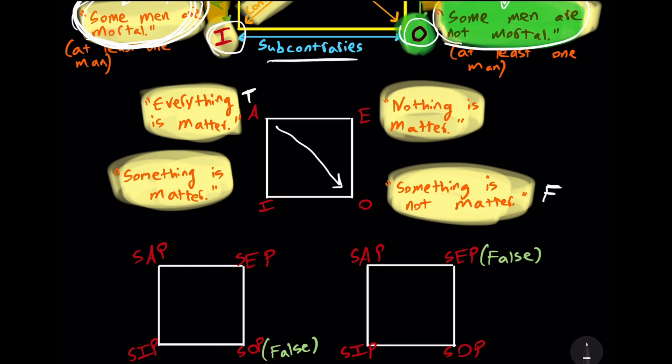That's a contradictory relationship, and that seems pretty obvious. But it is possible, for example, that everything is matter is false, and nothing is matter is false, where something is matter is true, and something is not matter is true. That's one logical possibility.